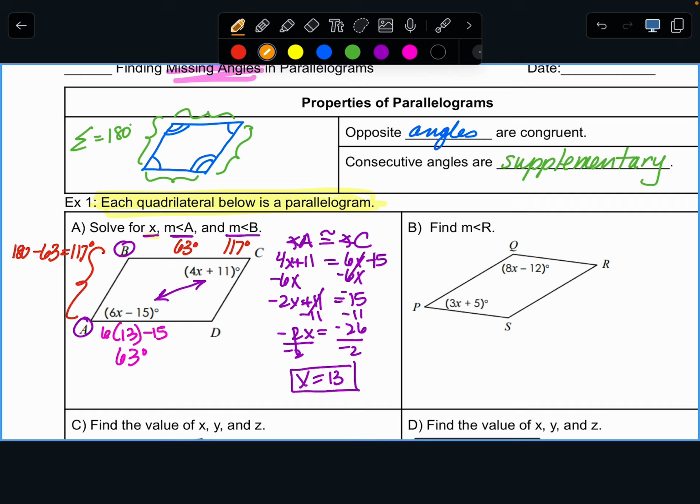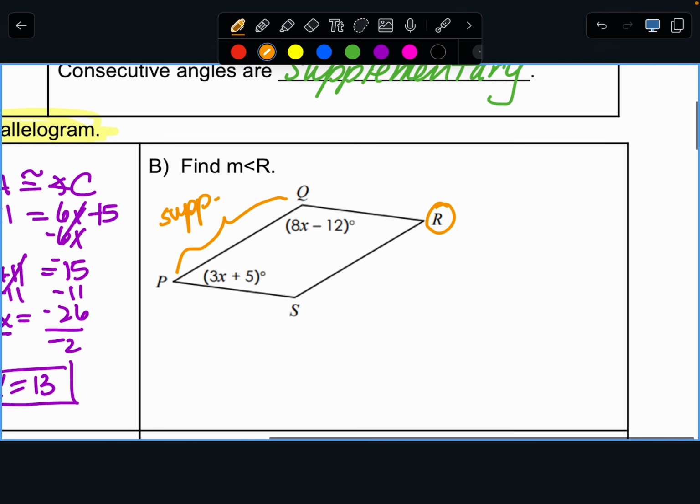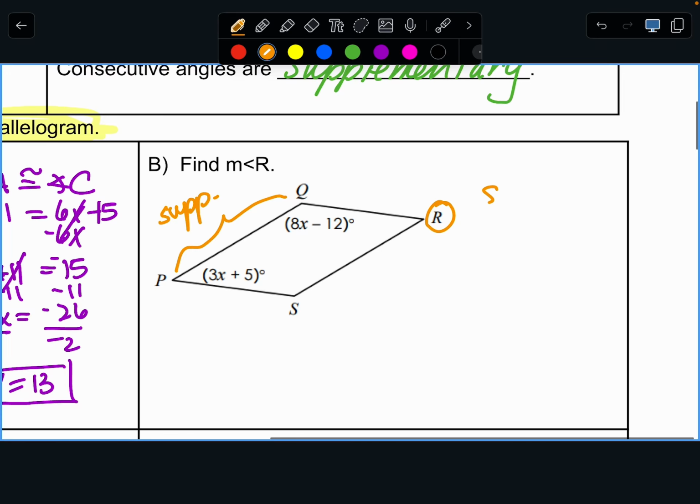When we look at B, this time I'm asking you to find angle R, and I don't even have anything listed as angle R. So then I have to know what this relationship is. This relationship is supplementary. That means that I can say 8x minus 12 plus 3x plus 5 equals 180.